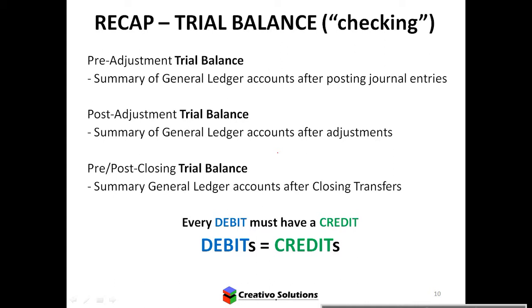I'll have one account for bank, another account for equipment, another account for furniture. I'll have all these different accounts. And then what do I do with all these accounts? I group them in a trial balance. And the trial balance is going to check that you've captured them correctly and that debits equal the credits. That's what you're actually looking at. So you're just grouping the accounts and you're checking if the balances balance. That's basically what you're doing.